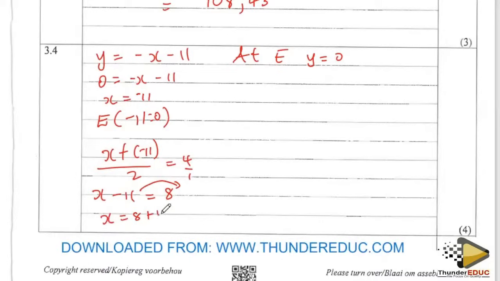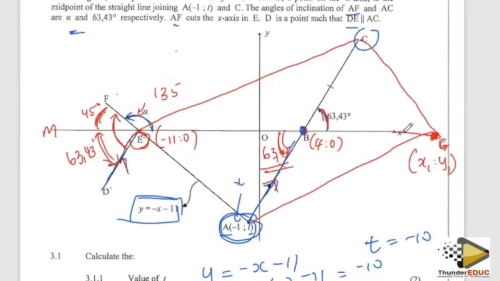I have 8 plus 11, which is 19. Then do the same thing with the y. But why should I even stress with y since y is on the same line? So y is 0. Therefore the coordinates of G are 19 and 0. It's the same horizontal line, since EG must be the diagonal, which is the x-axis.